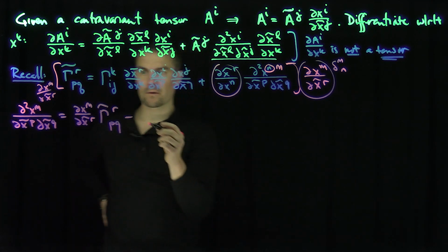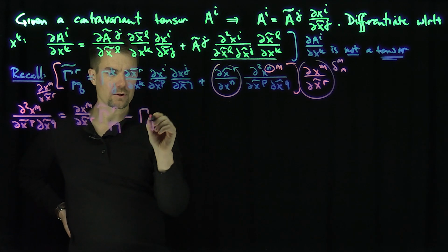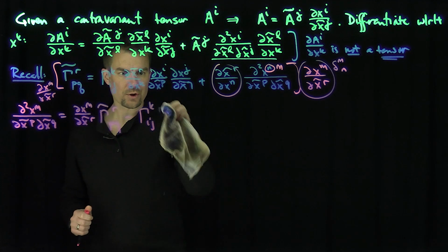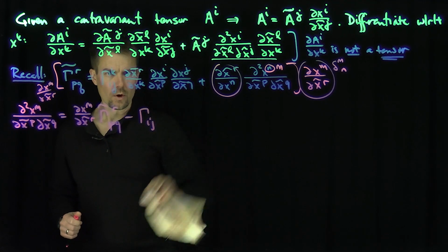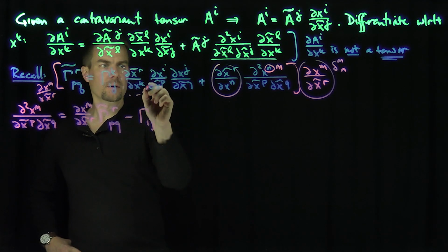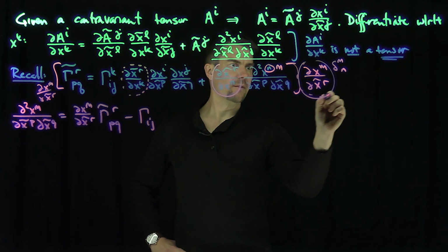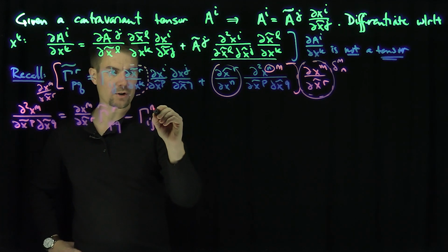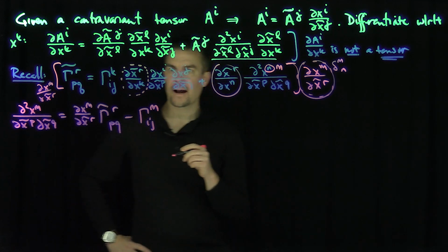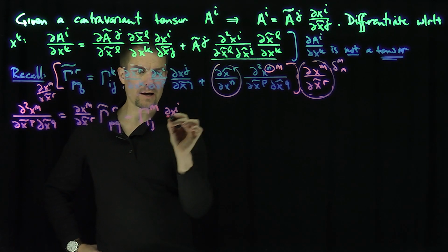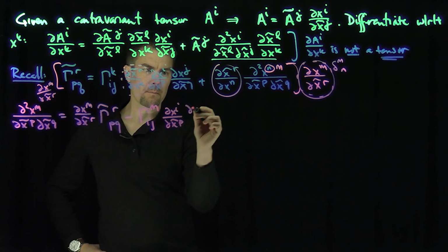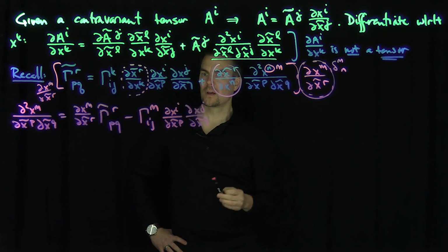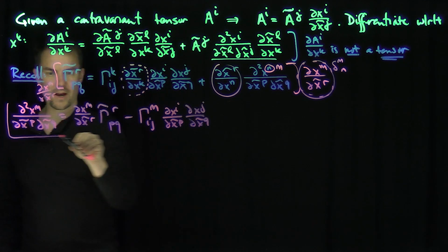So minus gamma^k_ij; when we do this contraction, we have a delta km, so that k is going to turn into an m. Then I'll have partial x^i over partial x tilde p, partial x^j over partial x tilde q, like that. And now I have this second derivative relationship.